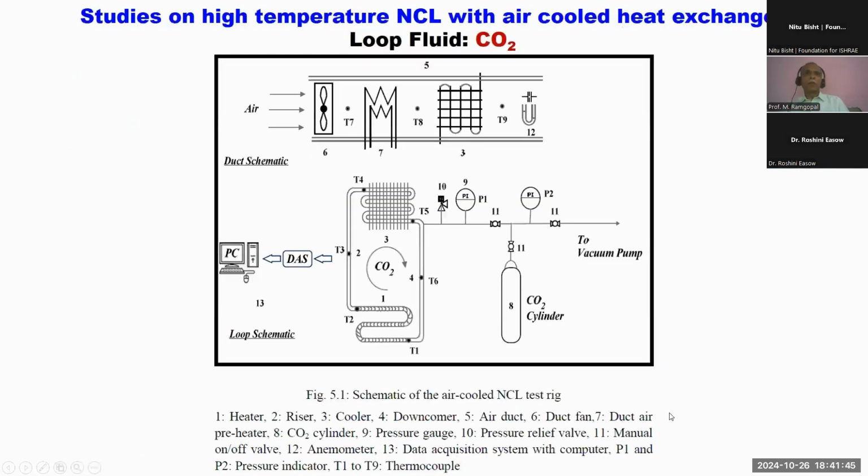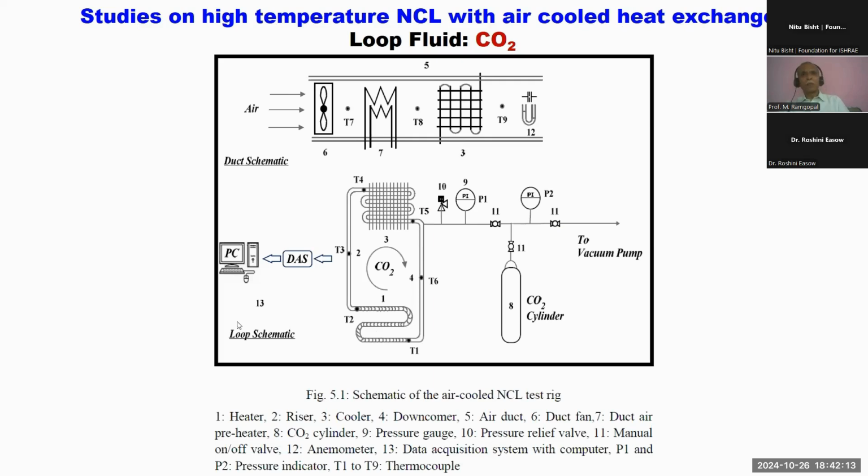And then we also made a system. In the previous two examples, the heat exchangers used are tube-in-tube type heat exchangers, and the external fluid used is liquid. That means water is used as external fluid. So in this study, we have used an air to carbon dioxide heat exchanger on one side and an electrical heater on the bottom. So this kind of system finds application in high temperature supercritical applications.